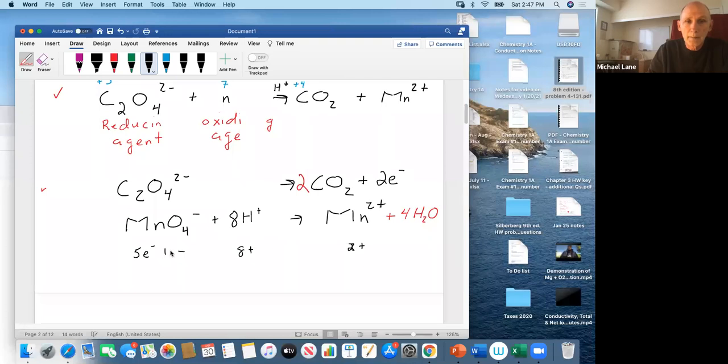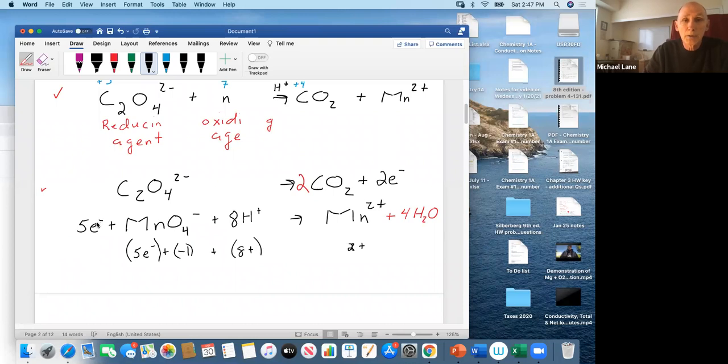So 5 plus -1 plus 8 plus is in total 2 plus on this side. Over here, it's 2 plus. So I'm going to add 5 electrons. We now say the charges are balanced with respect to both charge and mass.